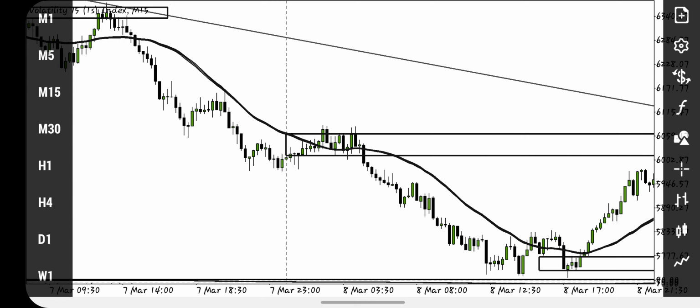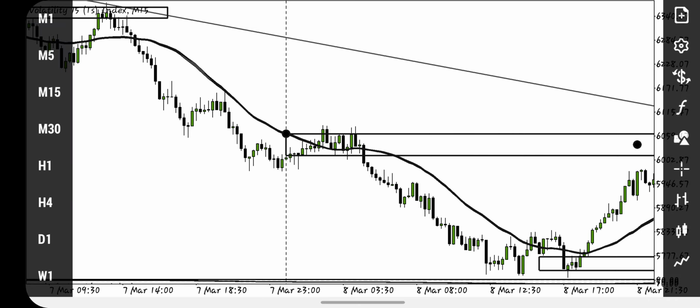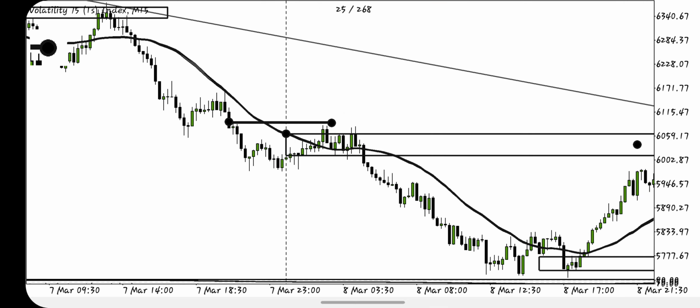Here we'll be chasing continuation order blocks. As you can see, this zone was broken by this candle on the M15 time frame. So we'll be waiting for the market to come back to that zone.